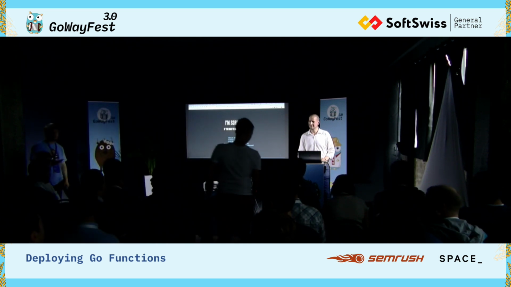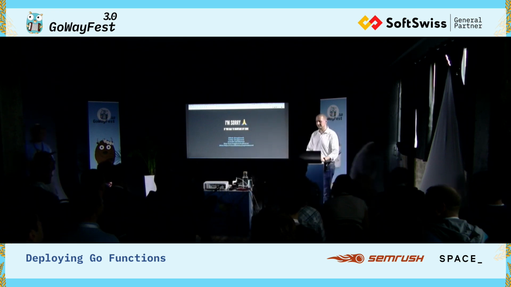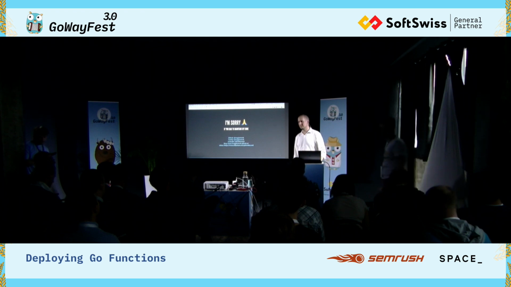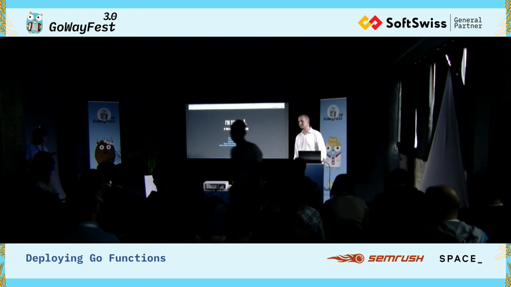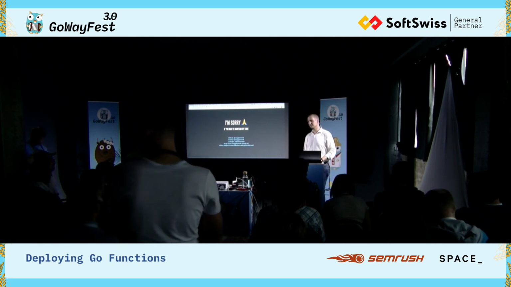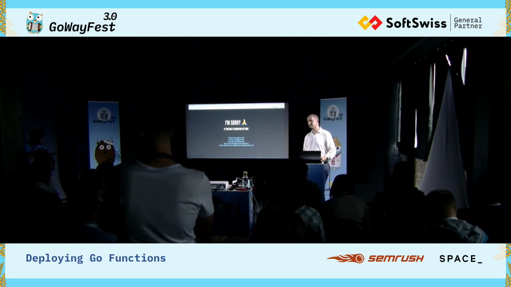Hey, thank you for the talk. You said you're a site reliability engineer, right? So when we are using functions as a service, we are adding a layer of abstraction.